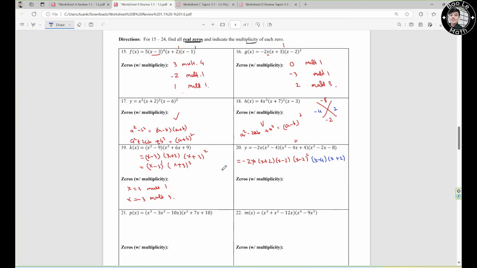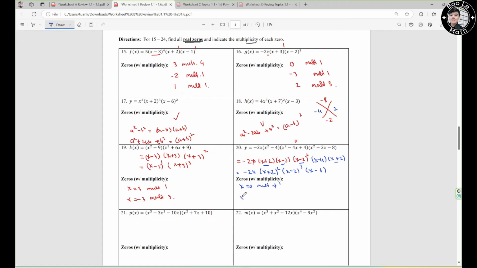So then I'm going to combine. I have negative 2s right here. Now s plus 2 right here turns out to be s plus 2 squared. S minus 2 right here, I combine to get s minus 2 cubed. And the last one should be s minus 4. So we have the first zero: s equal to 0, and this is multiplicity of 1.